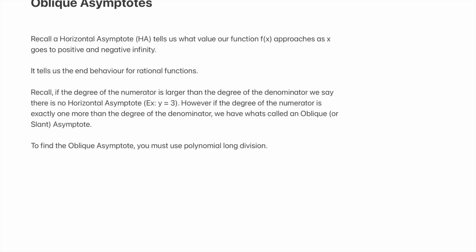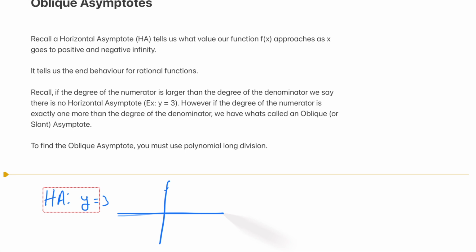All right, so the difference is, real quick, if I could draw it here. When we say we have a horizontal asymptote, let's say it's y equals 3, what we're saying is if you consider the graph, the horizontal asymptote is at y equals 3. So let's say y equals 3 is this mark here. This is what we mean by a horizontal asymptote.